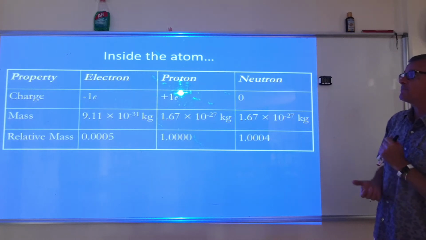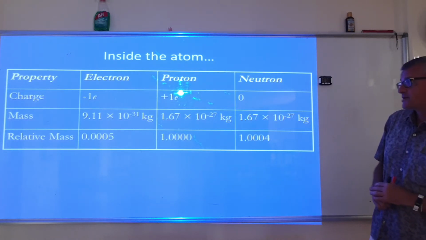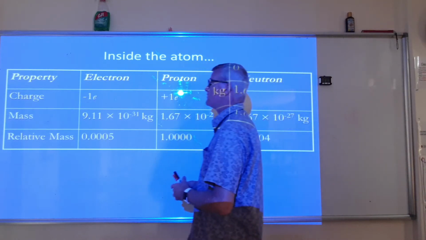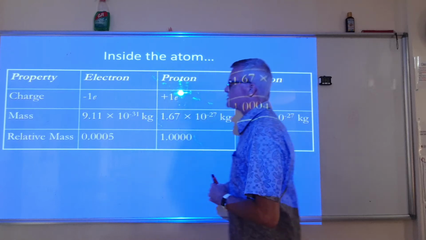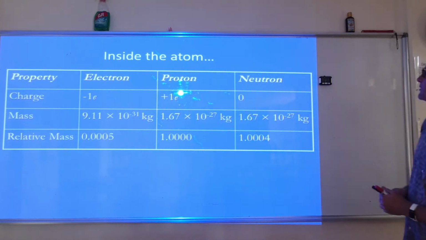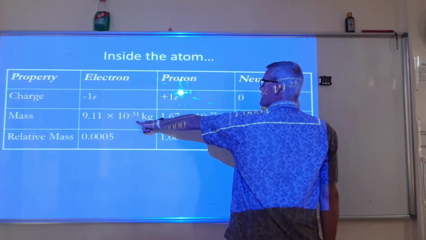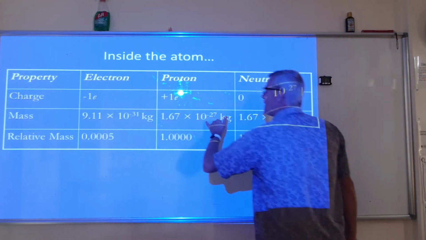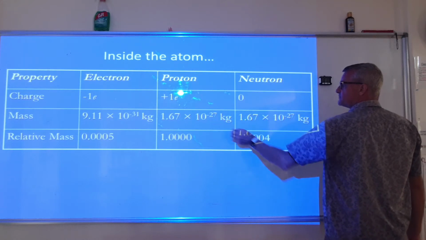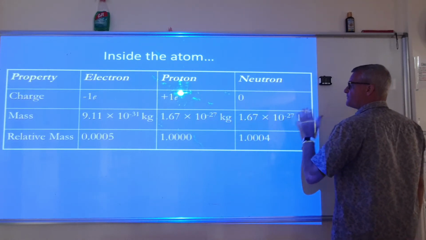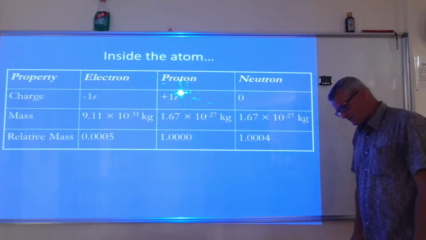If we look at the masses, and you will see why we say that the mass of the electron is negligible, if we compare it with a proton and neutron: the electron is 9.1 times 10 to the negative 31, the proton 1.67 times 10 to the negative 27, and the neutron 1.67 times 10 to the negative 27.